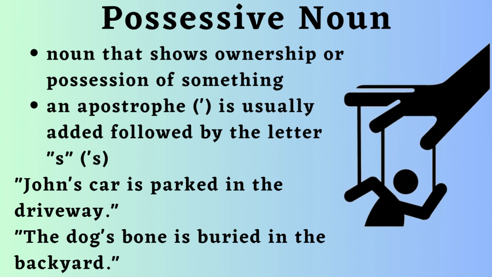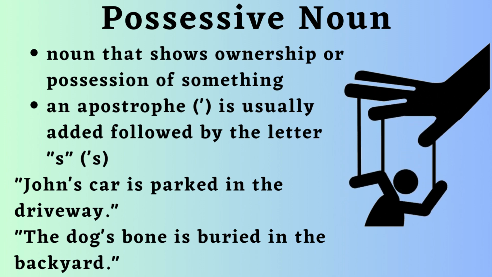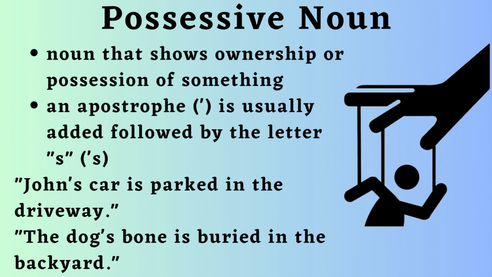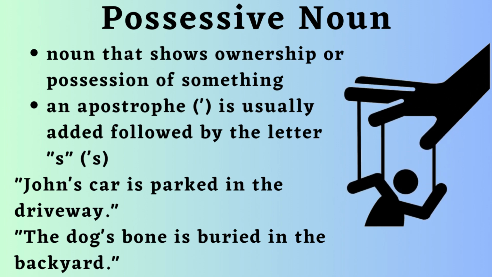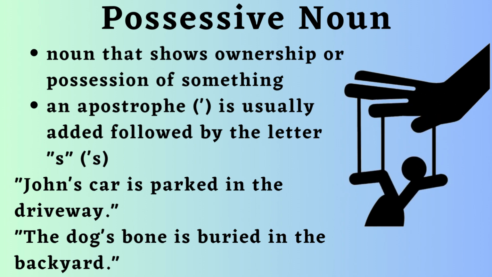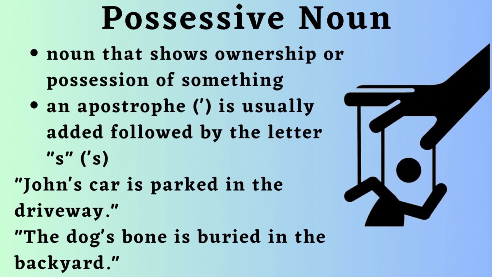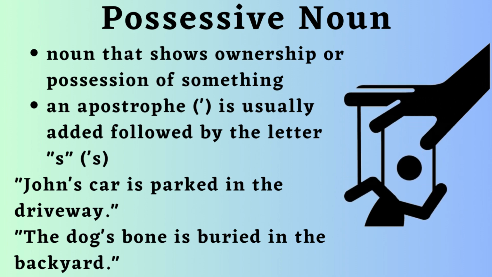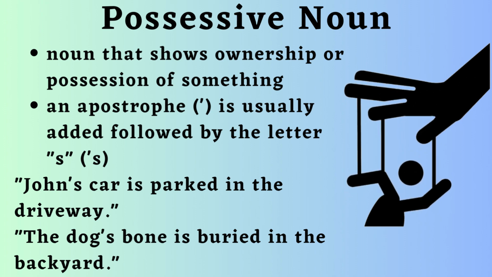John's car is parked in the driveway. In this example, the noun John's is possessive, showing that the car belongs to John. The apostrophe and the letter S are added to the noun John to indicate ownership.